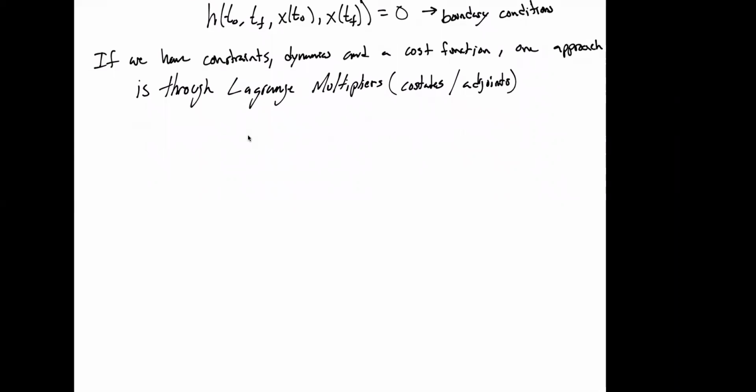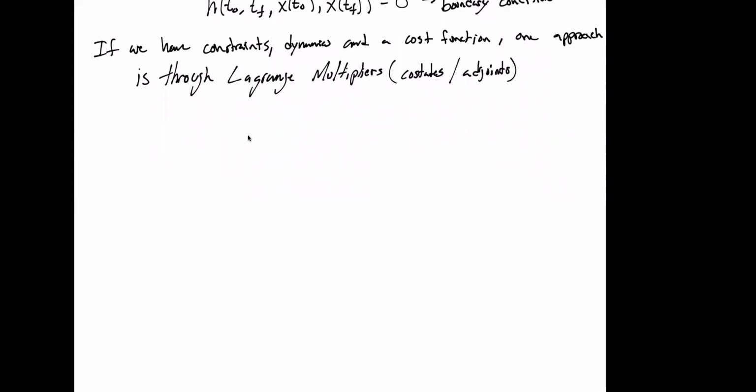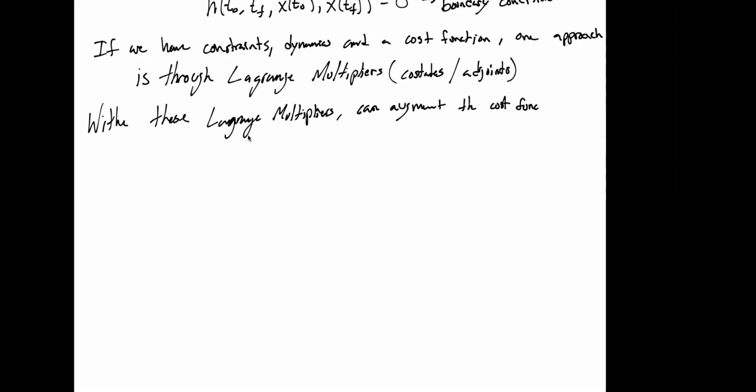So what we can do with these Lagrange multipliers is embed these constraints in with the dynamics, in with the cost function. So we can augment the cost function as follows.